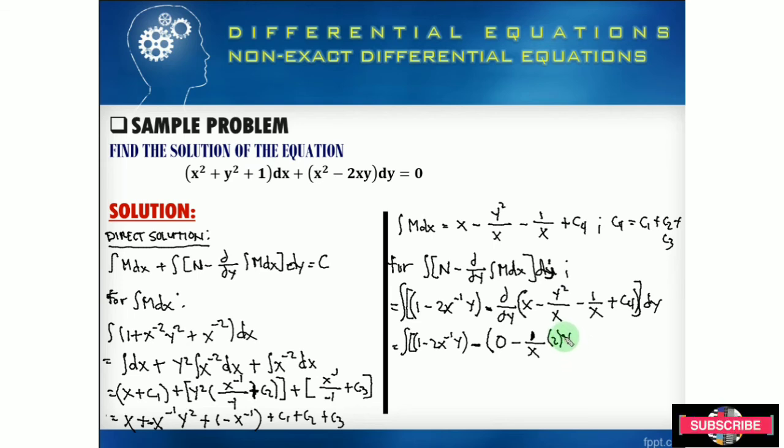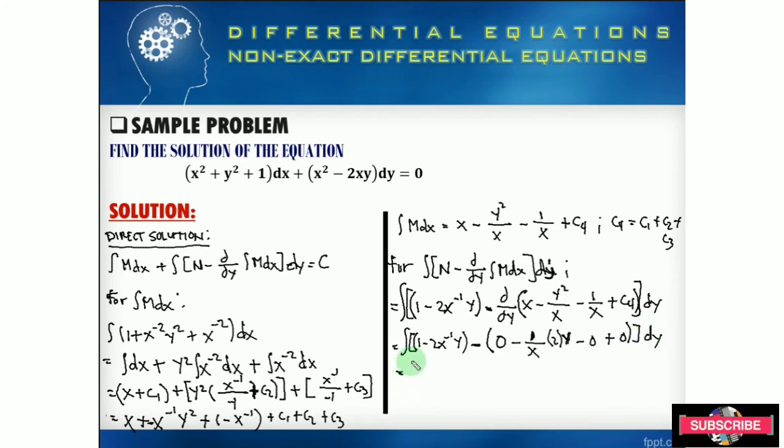So that is why this is just y, okay? And here with respect to y, this is considered as constant, so this is 0, and also the partial derivative of a constant is 0, and this is dy, okay?